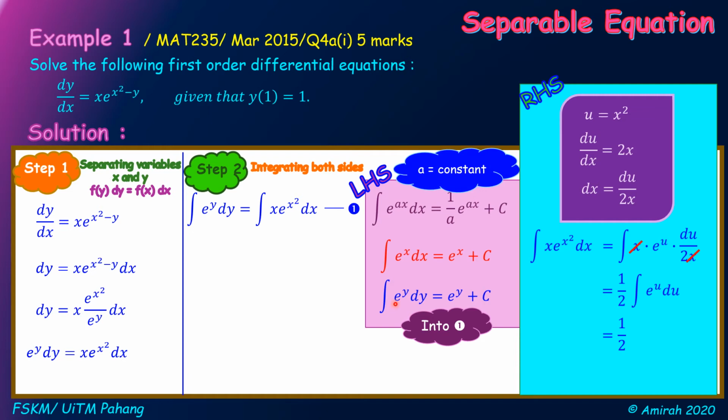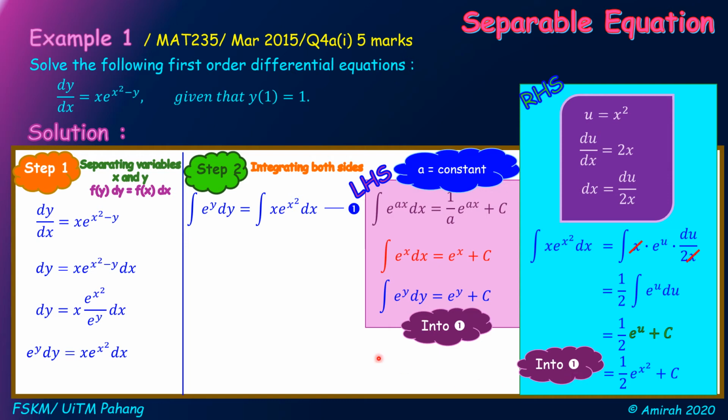And when we integrate e to the power of y dy, it becomes e to the power of y plus c. So when we integrate e to the power of u du, it becomes e to the power of u plus c. Alright? And after that, we replace u equals x squared. So we have half e to the power of x squared plus c. Okay? So now we are done integrating the function on the right hand side.